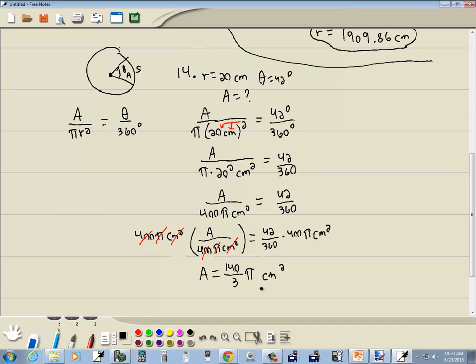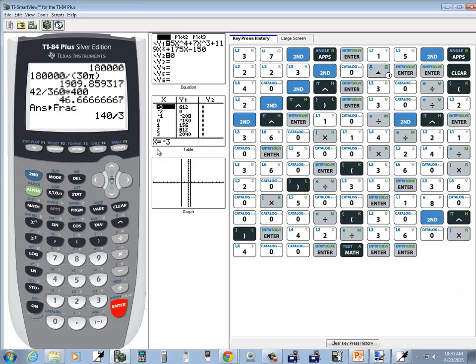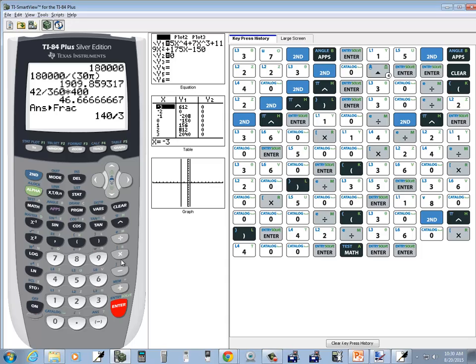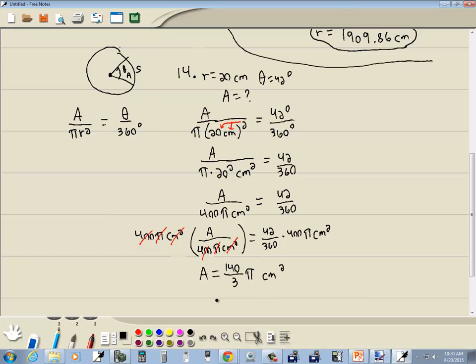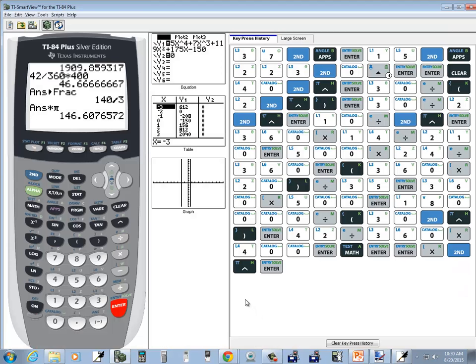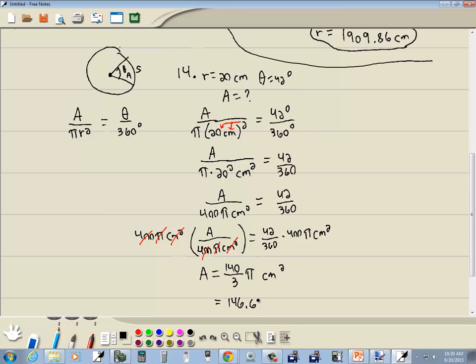Well, if I want to get an approximation, 140 over 3, I just simply do a times and then pi, so do second caret, and then press enter. Now I'll take it to 2 decimal places. This would be 146.61 centimeters squared.